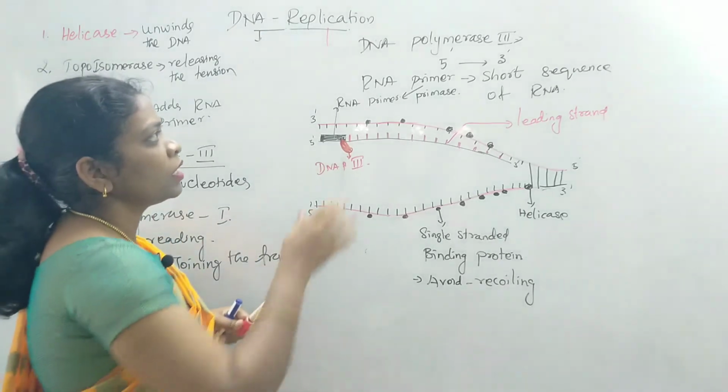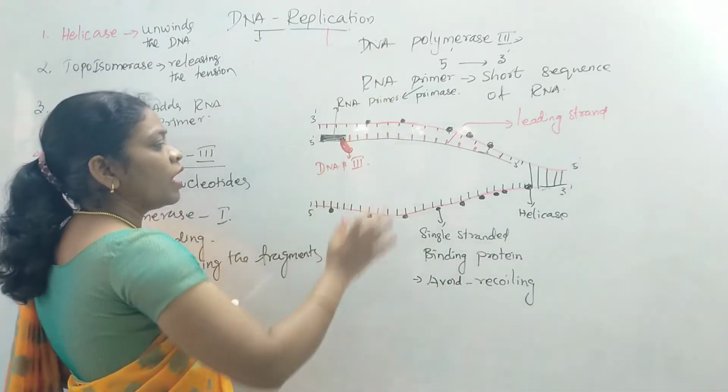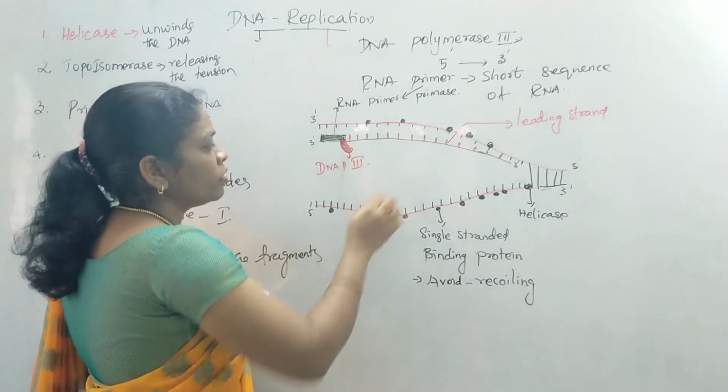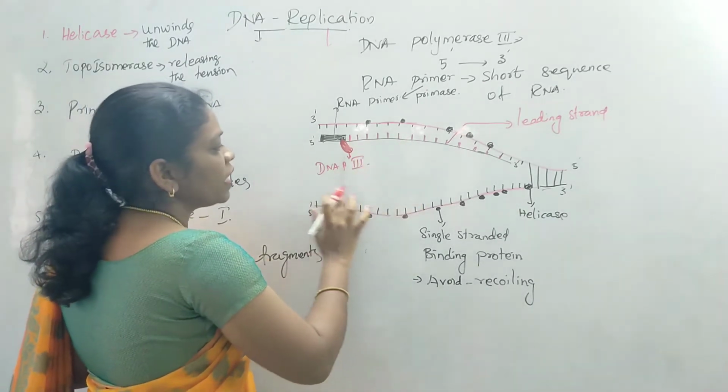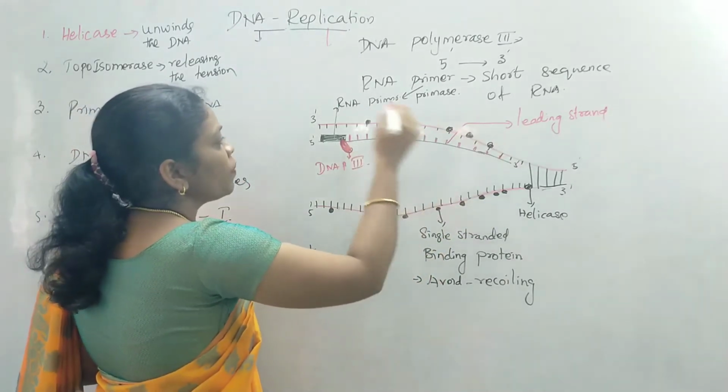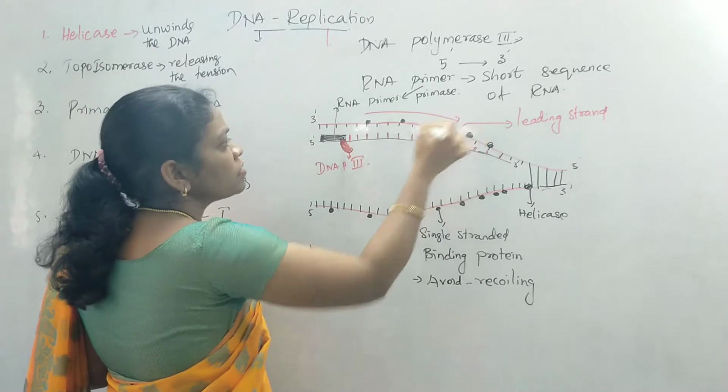And one more important thing, the DNA polymerase 3 or the DNA replication will occur where they can synthesize both the strands, one strand from this side, the other strand on this side, simultaneously. Here the formation of the new strand will go in this direction.